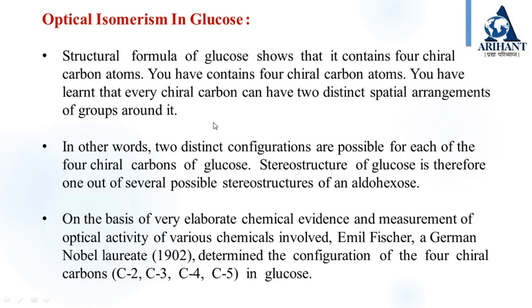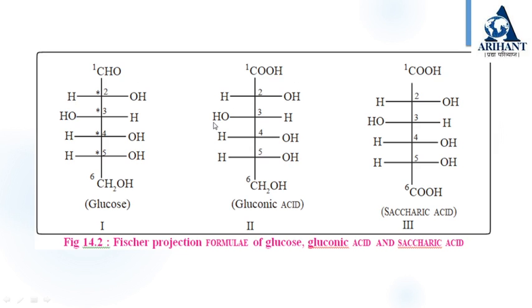The stereostructure of glucose is therefore one out of several possible stereostructures of an aldohexose. On the basis of very elaborate chemical evidence and measurement of optical activity of various chemicals involved, Emil Fischer, a German Nobel laureate, determined the configuration of the 4 chiral carbons C2, C3, C4, C5 in glucose.